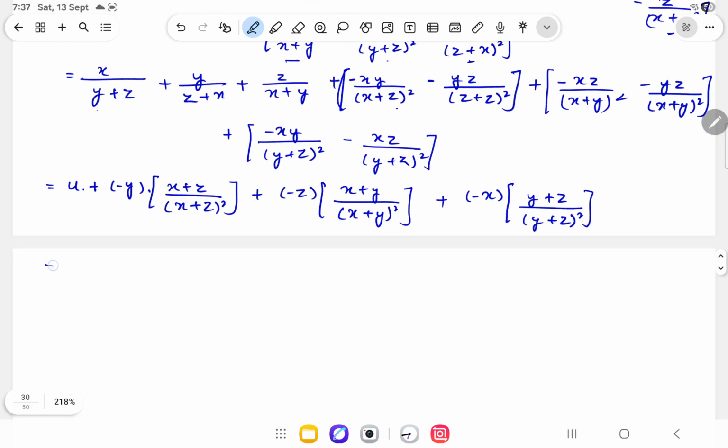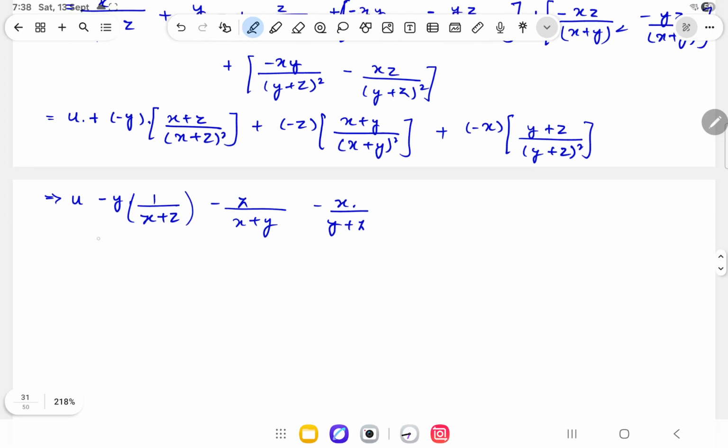So this thing is equal to u minus y divided by (x plus z) minus z divided by (x plus y) minus x divided by (y plus z). If we take minus common, the inside term left is u only, so this is equal to 0.